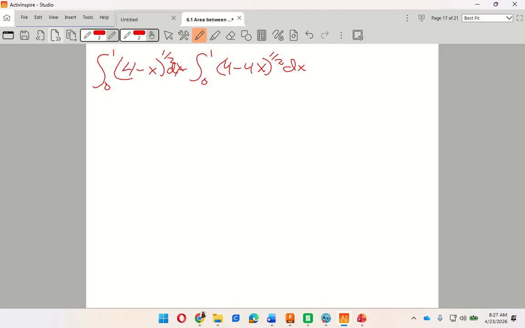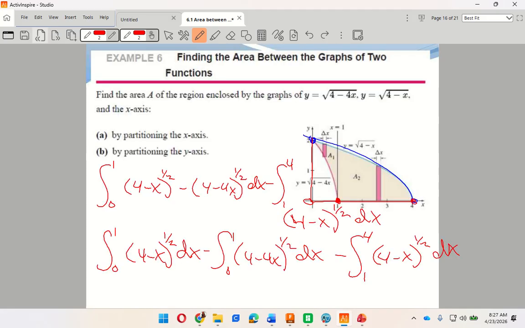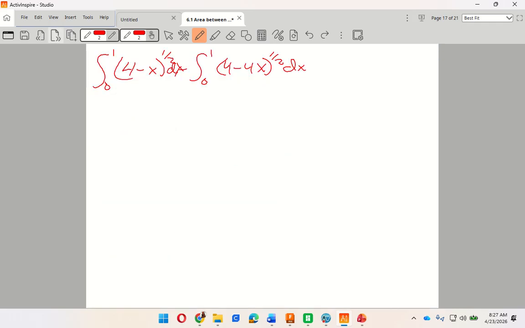And then that's my first part, and my second part is just going to be from 1 to 4 of the other side. Minus.